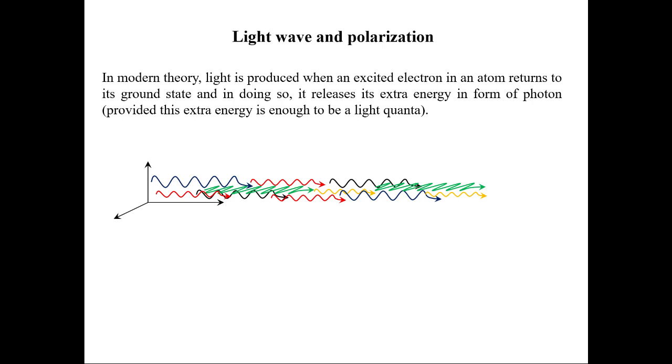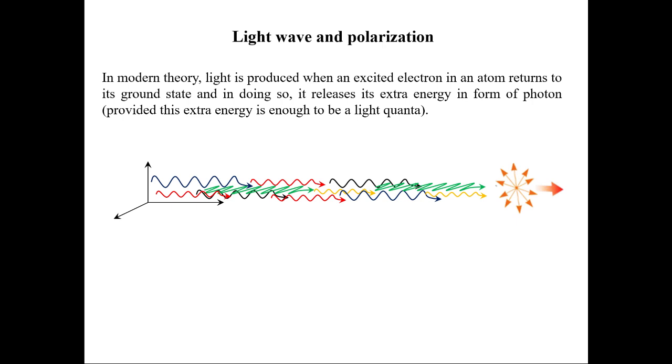Similarly, the electric vibrations of different wavelets are all perpendicular to the direction of propagation, but they are in different directions with respect to each other. Therefore, an observer placed here will observe that electric vectors are vibrating in all the directions perpendicular to the direction of propagation. This type of light is known as unpolarized light.